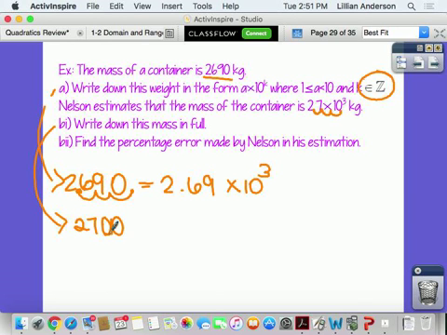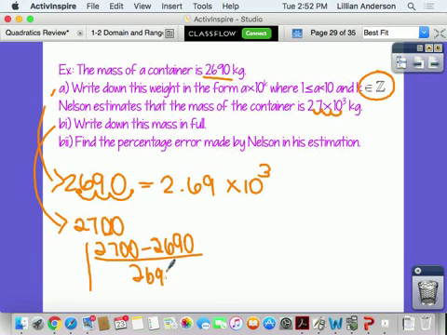Now B II says find the percentage error. We just talked about this. Percentage error. What's the approximate? 2,700. What's the exact? 2690. What am I dividing by? 2690, and then what am I doing to this?